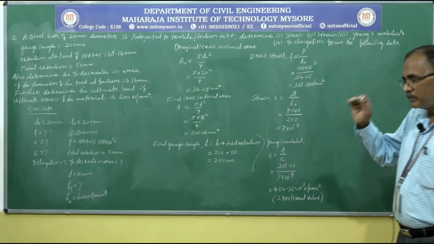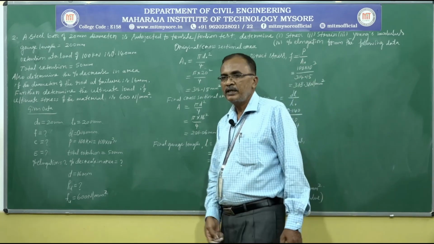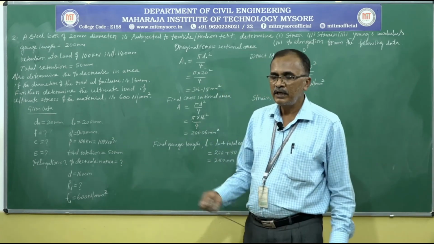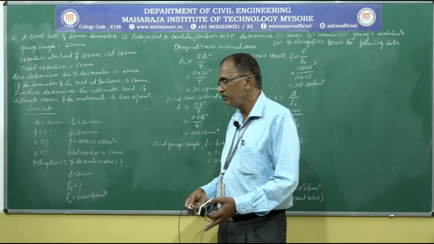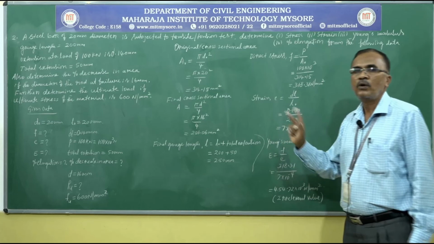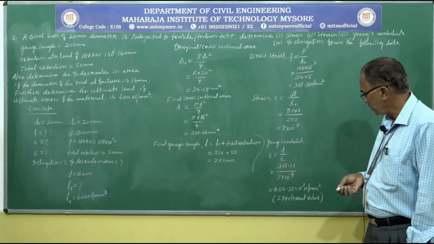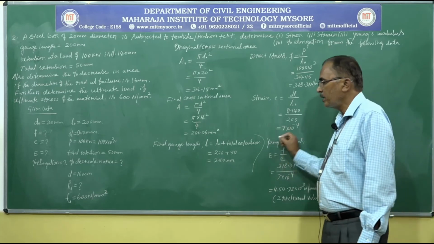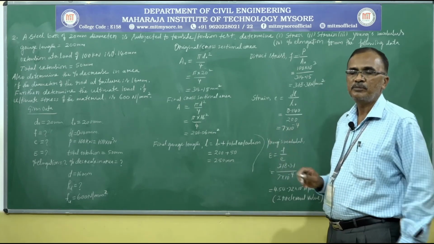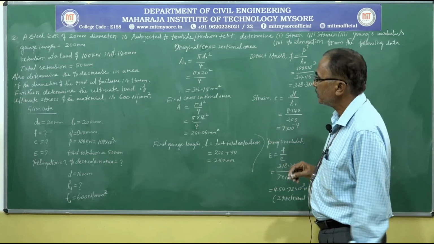Next, you should be cautious about Young's modulus. If they mention it is a steel or mild steel or structural steel, in the absence of Young's modulus, we should be able to assume a value of about 200 GPa, meaning 200 into 10 power 3 Newton per millimeter square. By assuming that value suitably, we can write that the assumed value is 200 GPa or 210 GPa or 205 GPa, something like that.